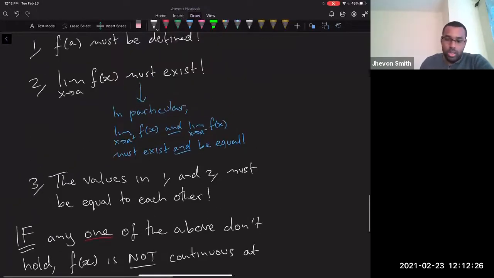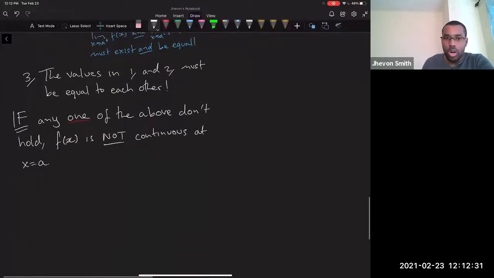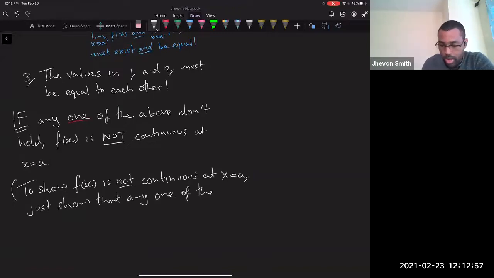And by the way, the moment you find one that doesn't work, it's okay. To show f of x is not continuous at x equals a, just show that any one of the above is violated.